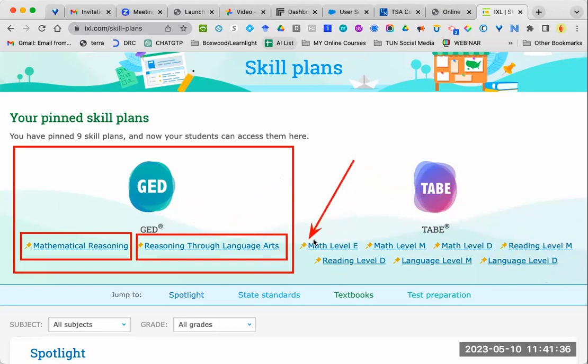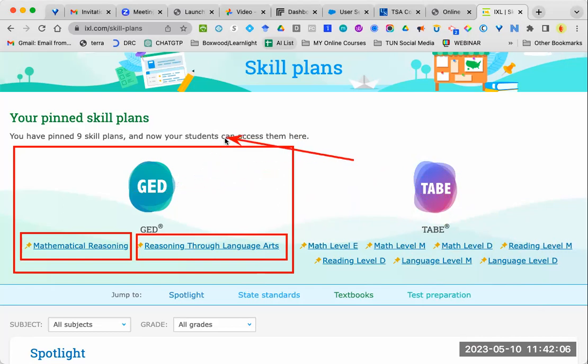Just a note, if you feel like you want to touch up on some sort of foundational stuff in math, that's E. So if you want to do that, it's not a bad place to start, but most of the test is going to be at these 2 levels. And anyway, same thing. Word of caution: there are some things on the TABE that are not on the GED, which is fine.